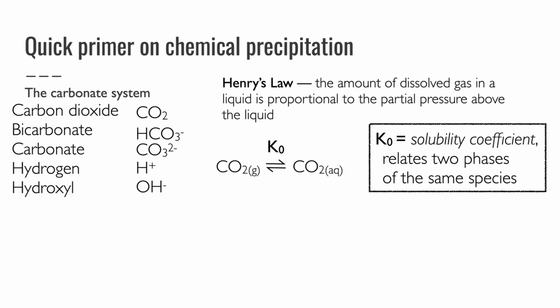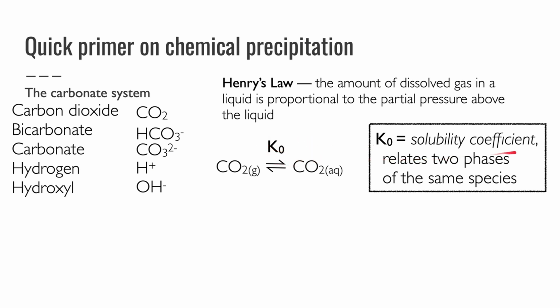The first basic principle is Henry's law, which states that the amount of dissolved gas in a liquid is proportional to the partial pressure above the liquid. This can be applied to the ocean, where the dissolved CO2 in the surface ocean is in equilibrium with the partial pressure of CO2 in the atmosphere. The constant is K naught.